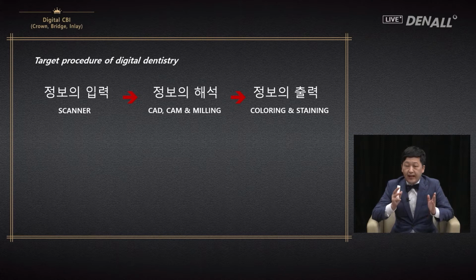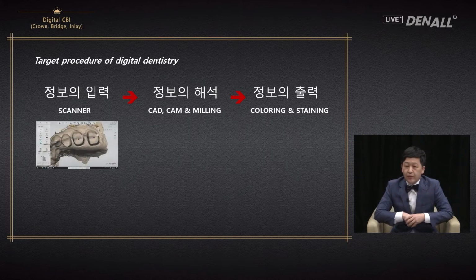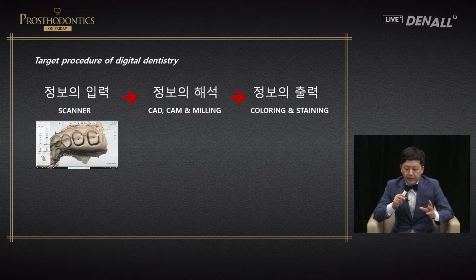I have summarized what you should be most aware of in each stage of input, interpretation, and printing. First, the input stage. Once you do scanning, you need to make sure that scanning has been done correctly. Actually, scanning is correct. You need to make sure that prep is done correctly. Continuous review can be done.